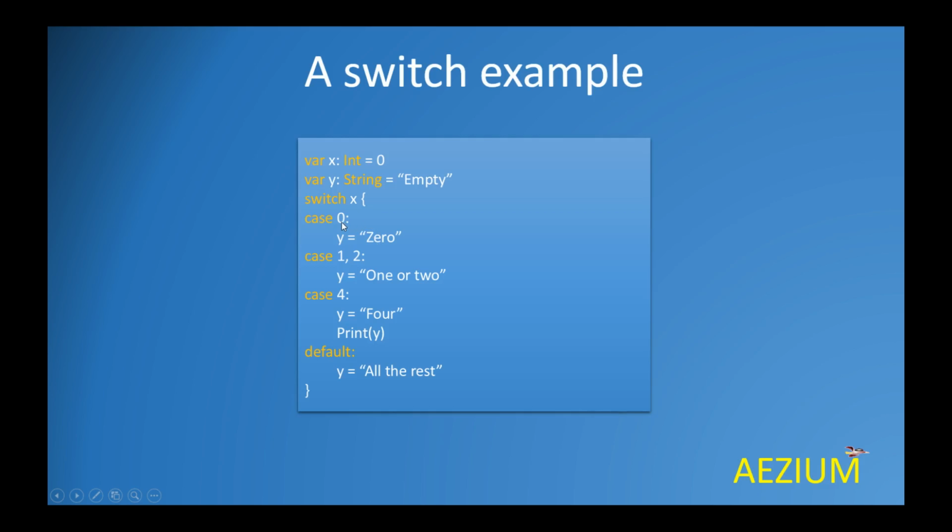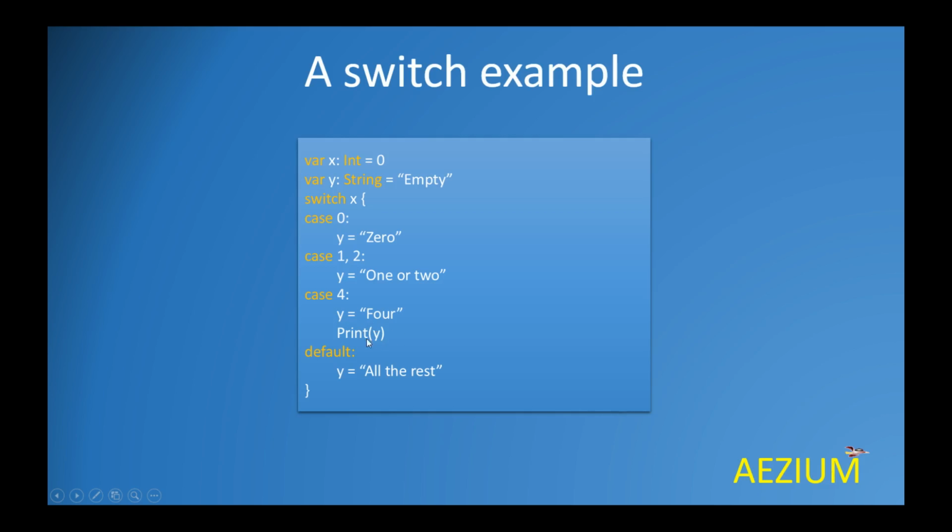So in the case where the value of x is equal to 0, this is the line of code we run. If the value of x is 1 or 2, this is the compound case. This line of code will be run. If the value of x is equal to 4, this is the body of code which is run.